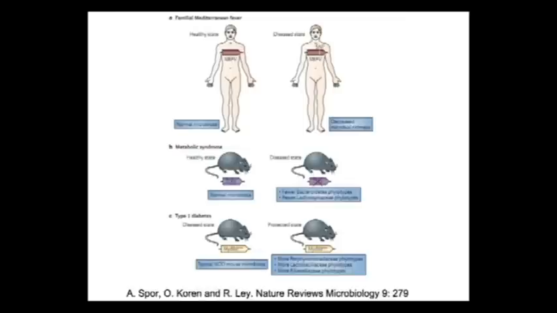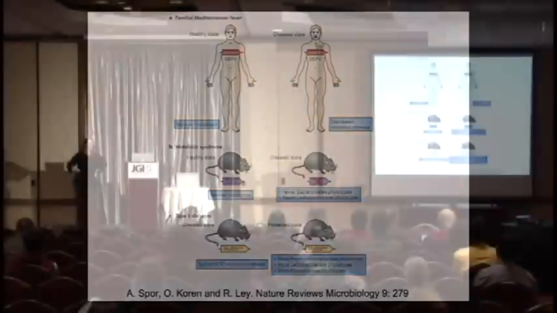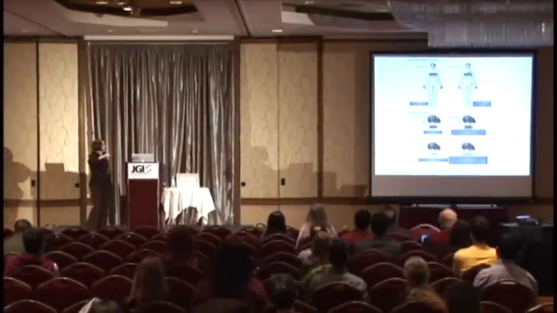For instance, there's a study in humans that looked at familial Mediterranean fever, which is caused by a single SNP in a gene, and individuals carrying that SNP have a decreased microbial diversity in the gut. And then there's a number of animal studies where a single gene is either knocked in or knocked out, and people have looked for effects.